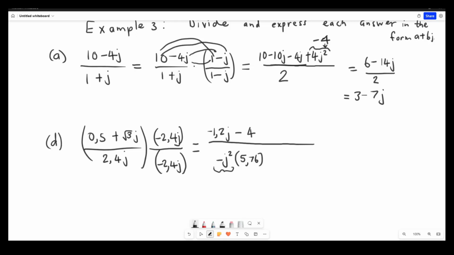I'm just going to round it off roughly. I know the square root of 3 is about 1.73, but it's not an accurate answer, so use your calculators and round off to two decimal places. So it's roughly 1.6.